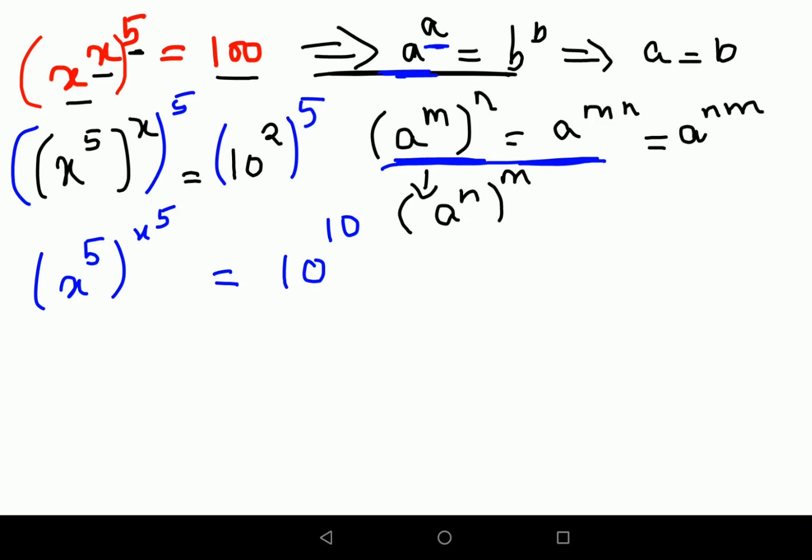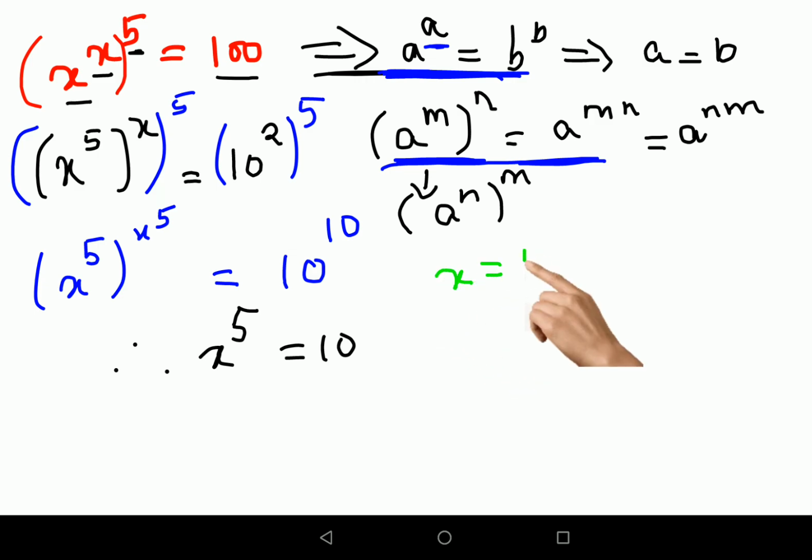Now this is matching the step which I told you at the beginning, that we need to have the base and index the same on both sides. So once we have achieved that, I can directly say that x raised to 5 is equal to 10. But since we just need to find the value of x, I can say x is equal to the fifth root of 10. I hope you all have understood how to do these kinds of questions.